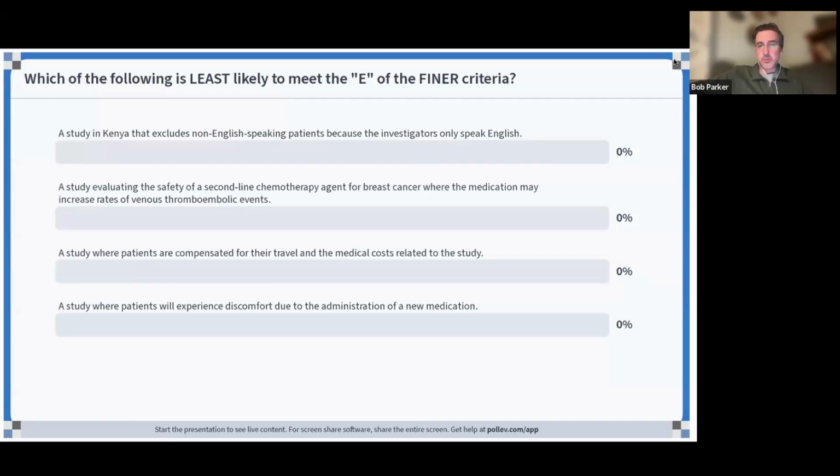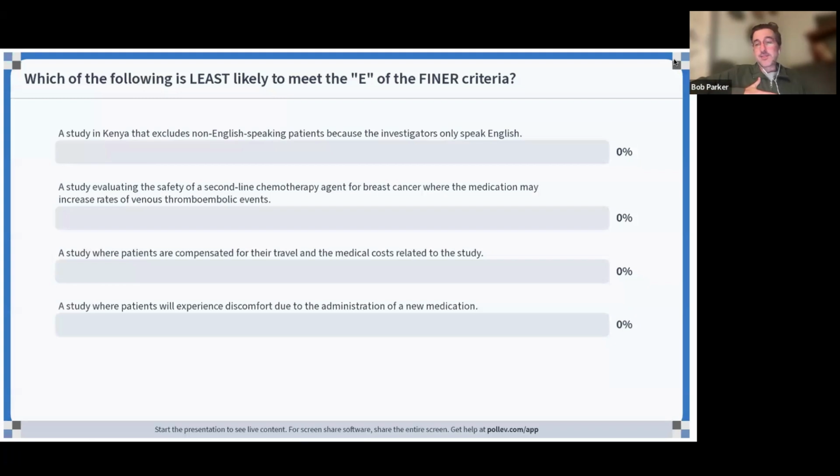Also, a study where patients will experience discomfort due to the administration of a new medication could be unethical, but sometimes we experience discomfort every day in surgery, and it benefits the patient. And it's quite ethical, right? To help someone, sometimes there's discomfort involved. But if you don't disclose the discomfort, or you don't mitigate or decrease that discomfort, you don't address the discomfort, that could be unethical.